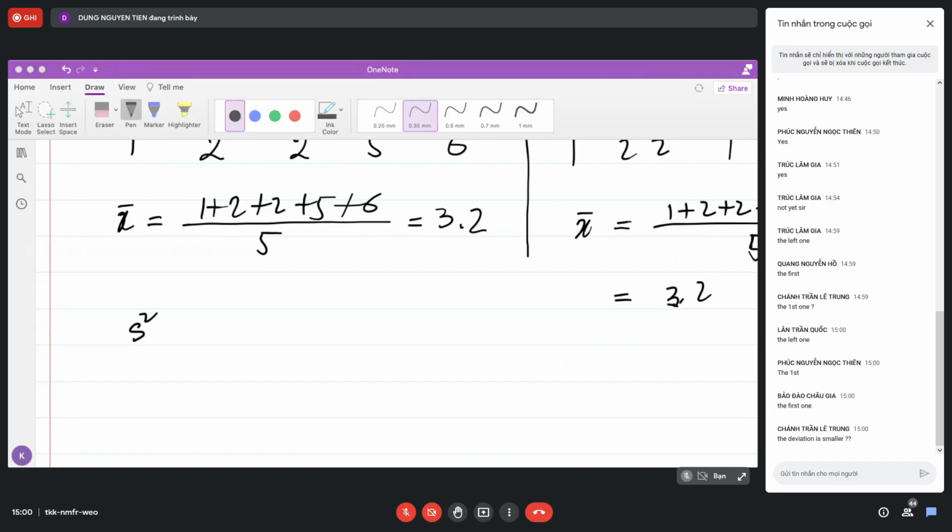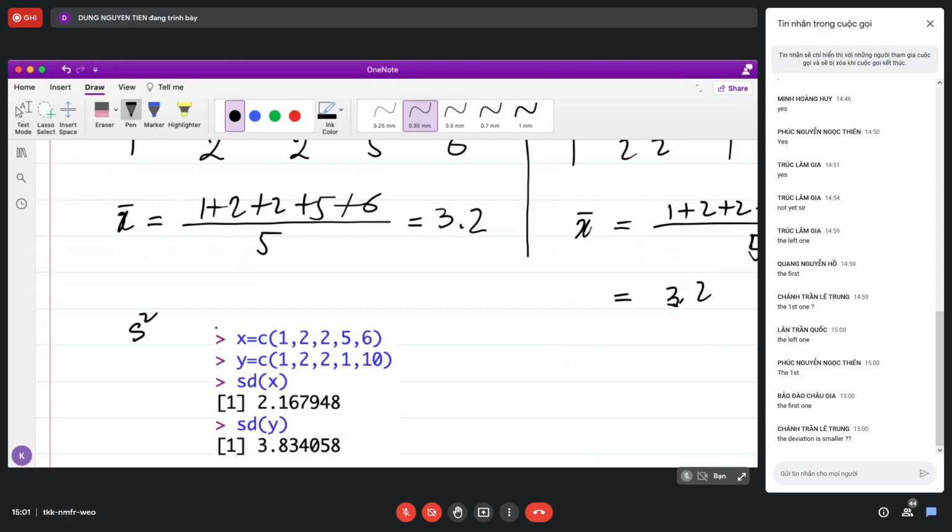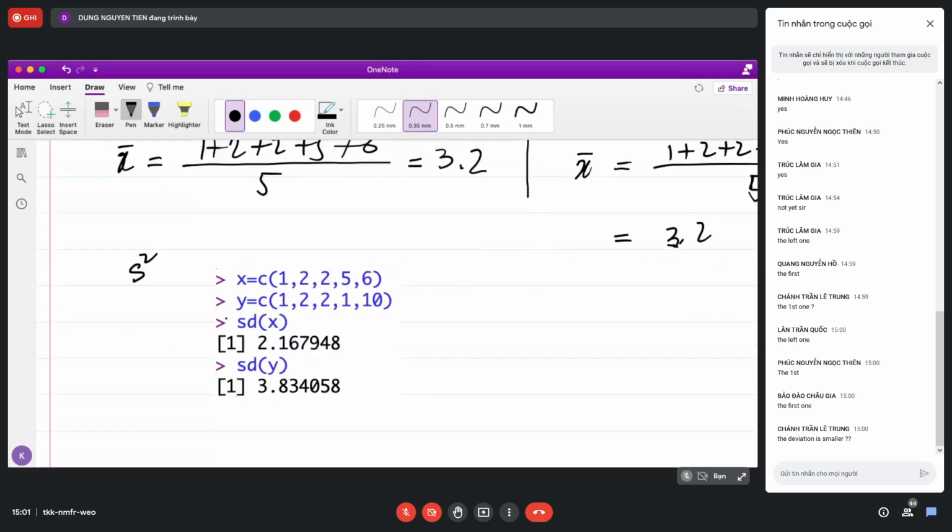For the first one, 1, 2, 2, 5, 6, and the second one is 1, 2, 2, 1, 10. The standard deviation of the first, as well as the standard deviation of the second, you get the following result.